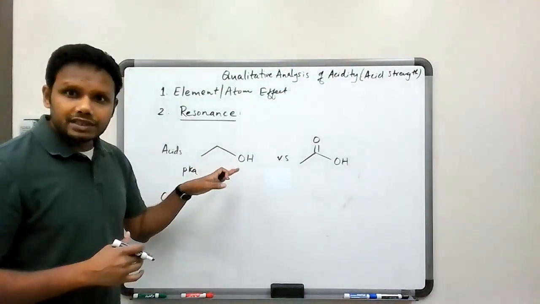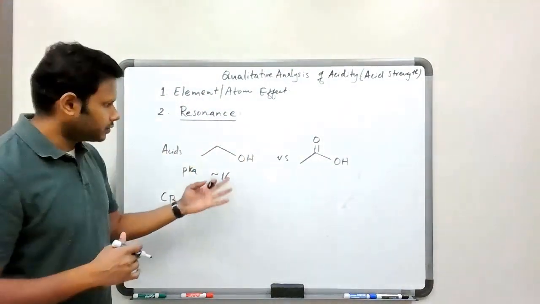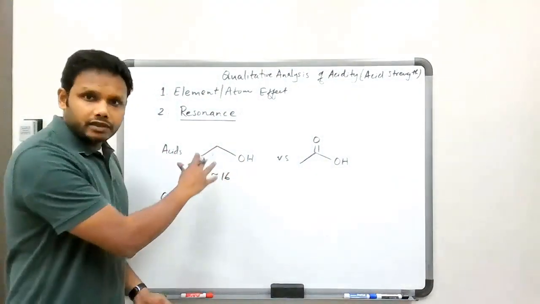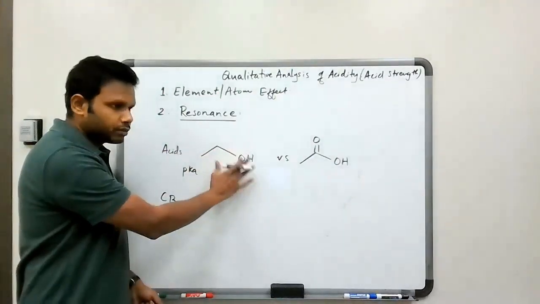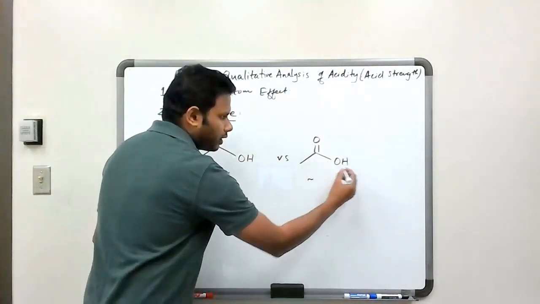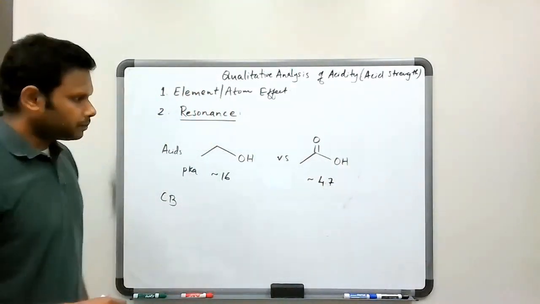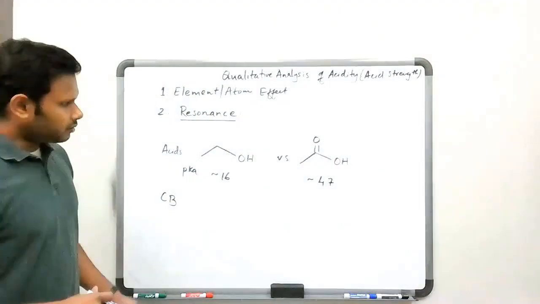We will see some variation in the next effect that we are going to discuss, so that could change drastically, but simple alcohols would have pKa's around 16. And this carboxylic acid has a pKa around 4.7 roughly. So those are the approximate numbers.